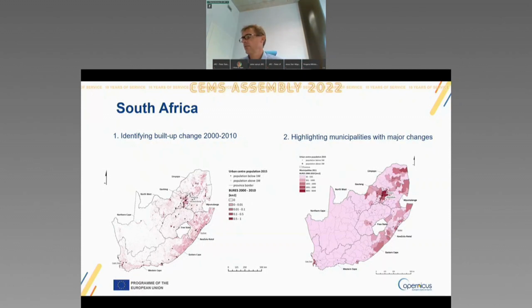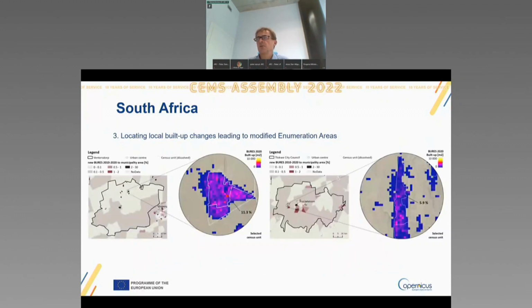And this is, of course, not a big surprise. The biggest changes were happening in the Gauteng area with Johannesburg and Pretoria, the capital, so the industrial core of South Africa, where most of the activities are going on, but also in the coastal states we see some of the changes.